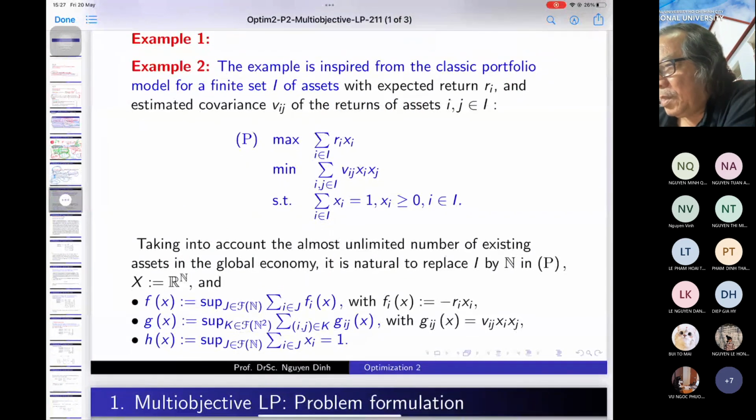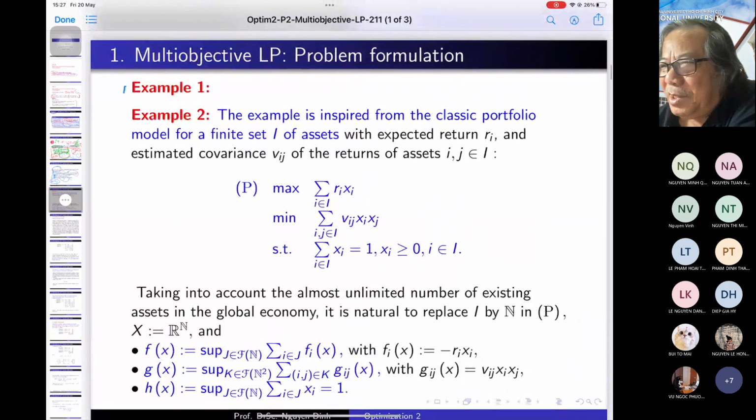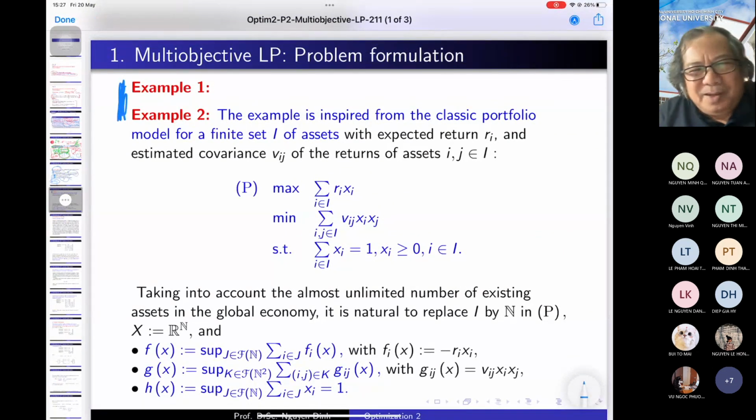I see some students, in the last week we had a defense of proposals for theses, and many of the students are working on portfolio management or some optimization problem in portfolio. This is one example of a portfolio problem.